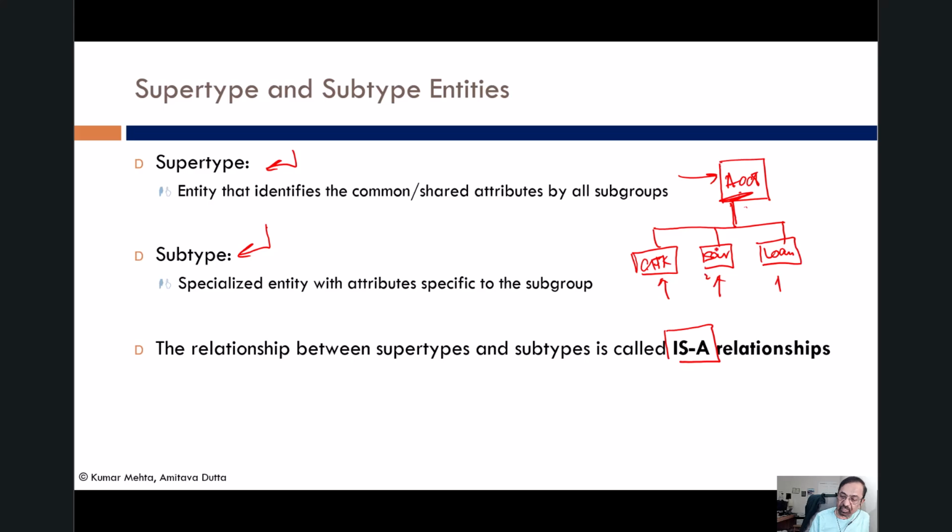A savings account is a type of account. A loan account is a type of account. Or you can go in the reverse direction. The generic account consists of different subgroups: checking, savings, and loan. So this relationship between supertype and subtype is referred to as an is-a relationship.